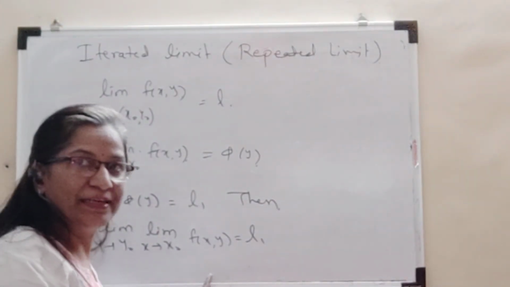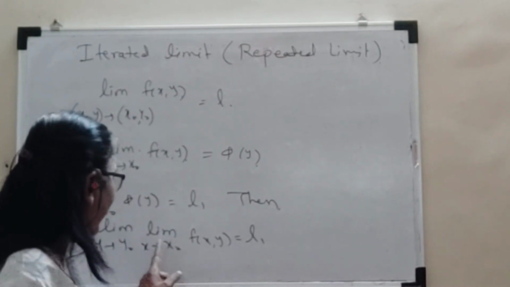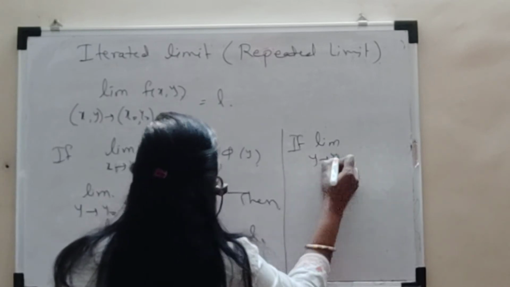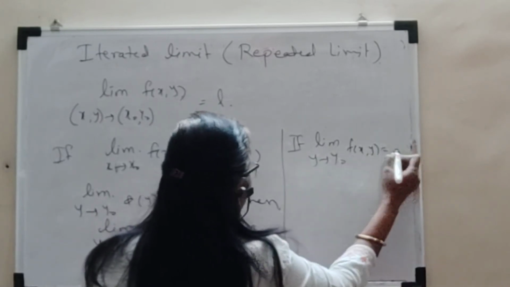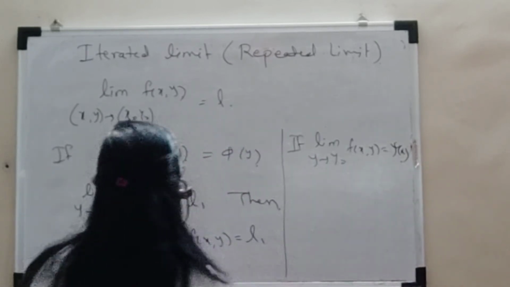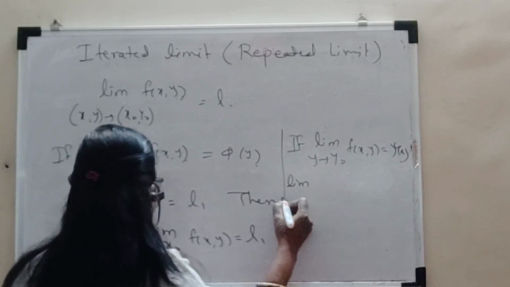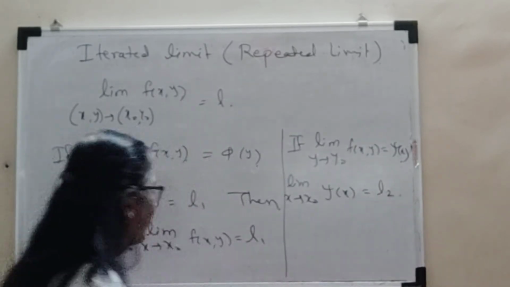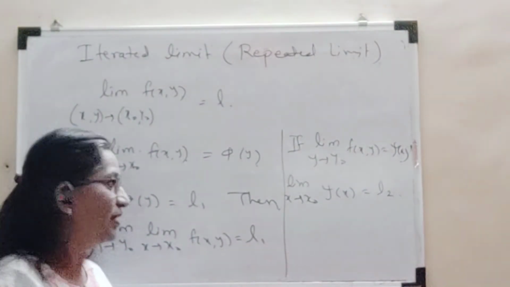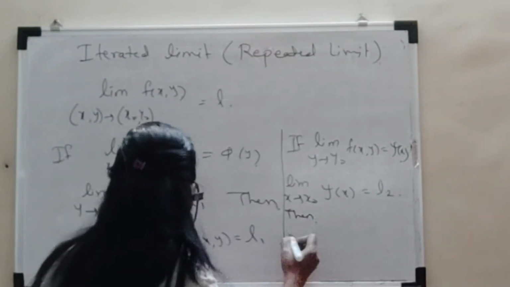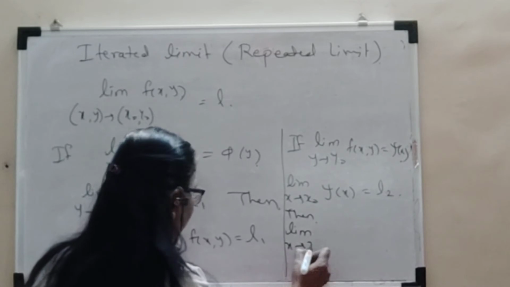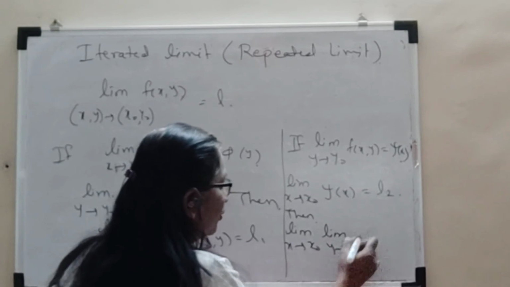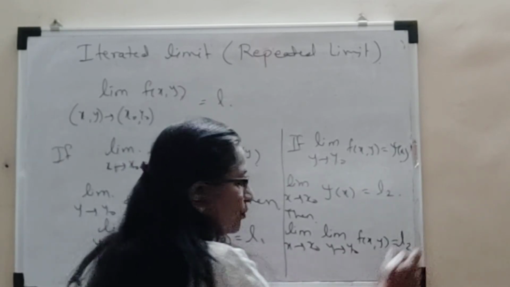These iterated limits can be of two types. Obviously, in the same way, if the limit when y tends to y0 of f of x, y is equal to, suppose, psi of x, and the limit x tends to x0 of psi of x is equal to, say, L2, where L2 is some finite real number, then we say that this repeated limit, limit x tends to x0 of psi of x, that is limit y tends to y0 of f of x, y, is equal to L2.